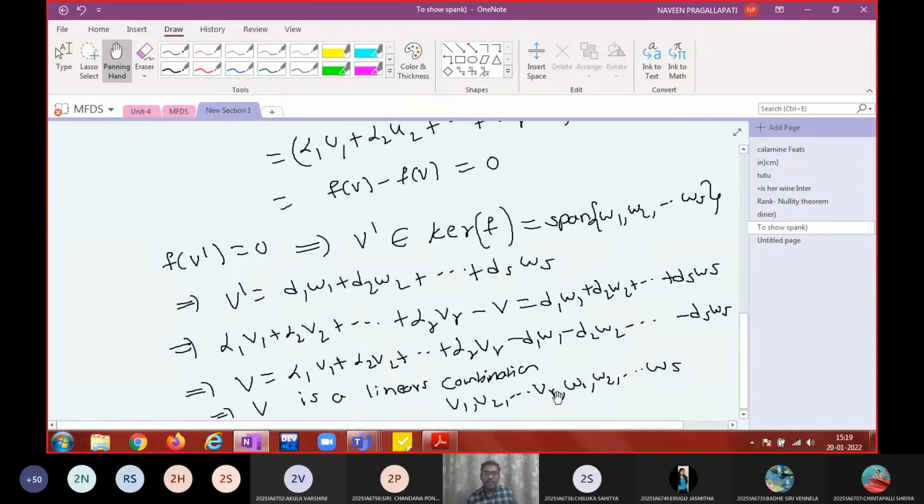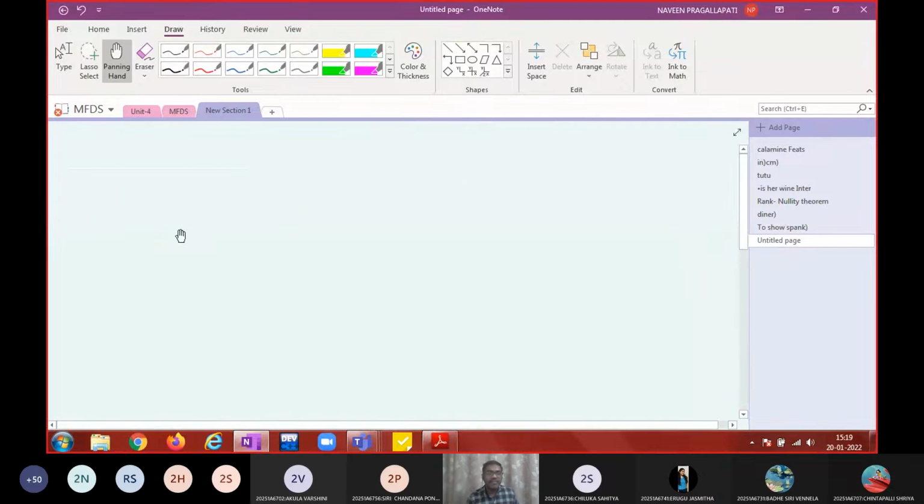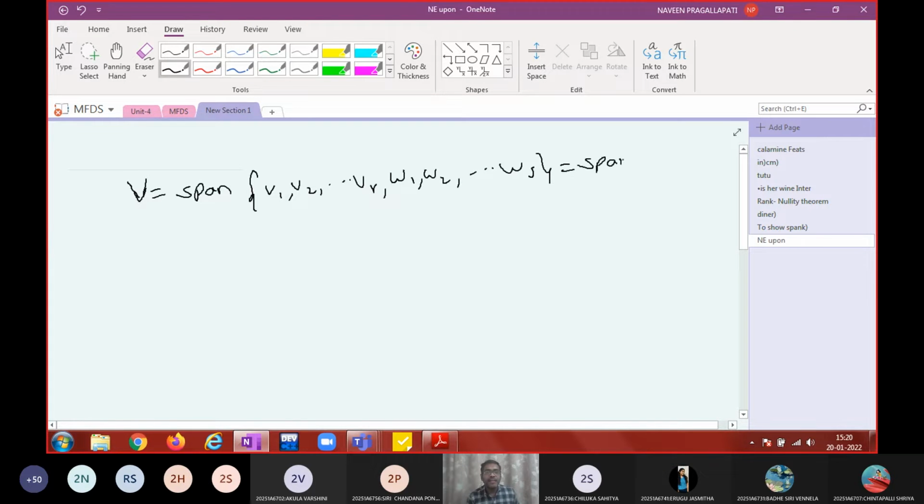That means V equals the span of v1, v2 and so on vr, w1, w2 and so on ws, which is nothing but span of C, where C is the set of vectors v1, v2 and so on vr, w1, w2 and so on ws.